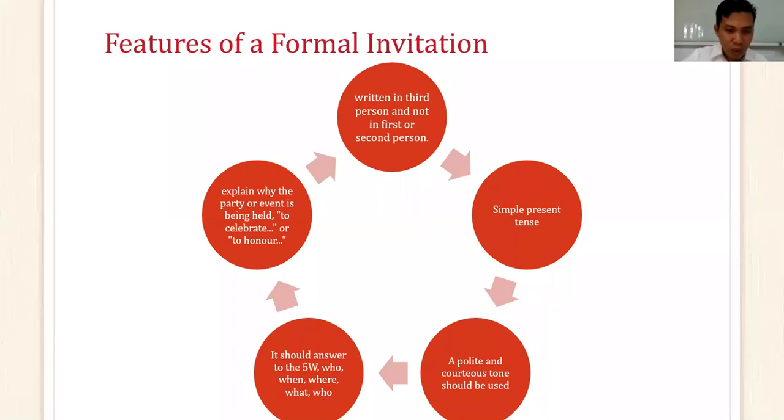Next, explain why the party or event is being held, to celebrate a birthday or what? Maybe to celebrate a birthday, a golden wedding anniversary, or a housewarming party, etc. So these are the features of a formal invitation.